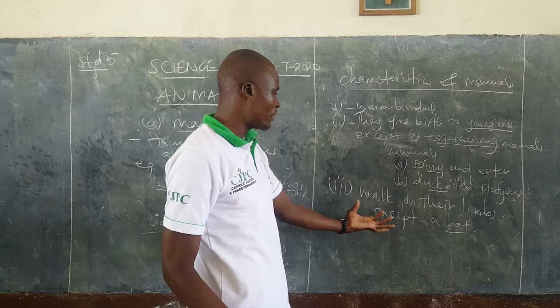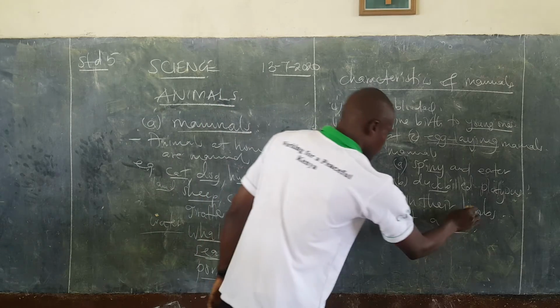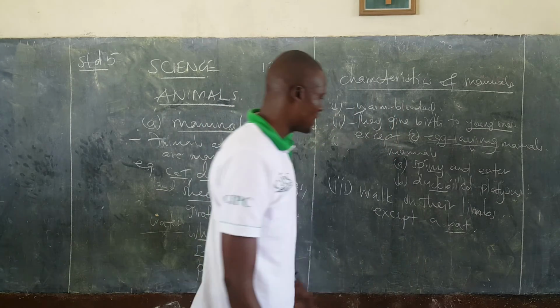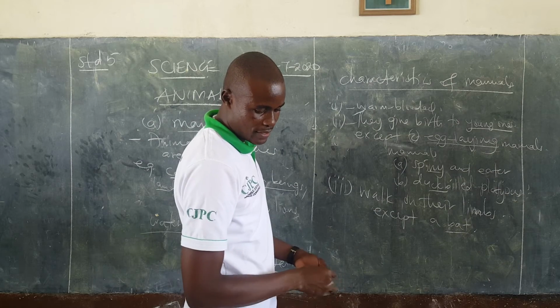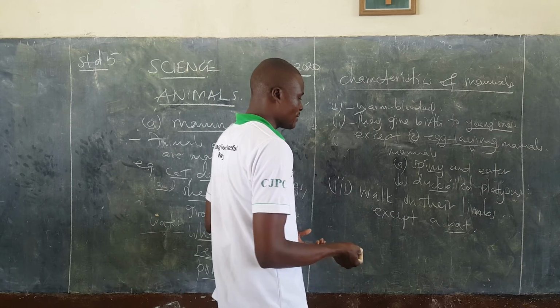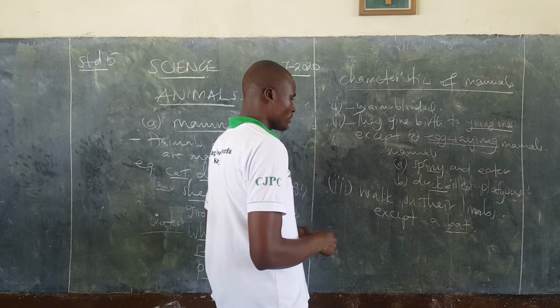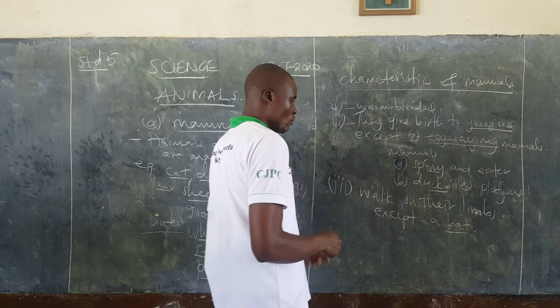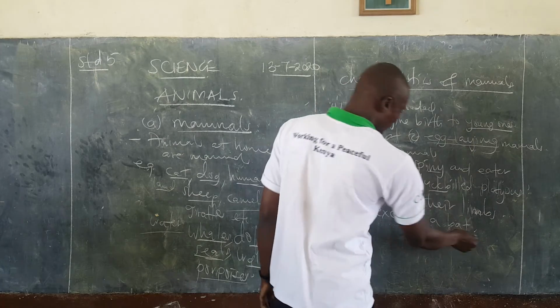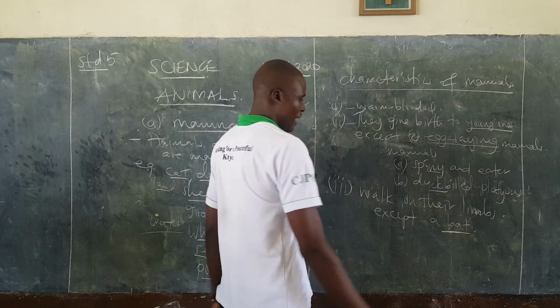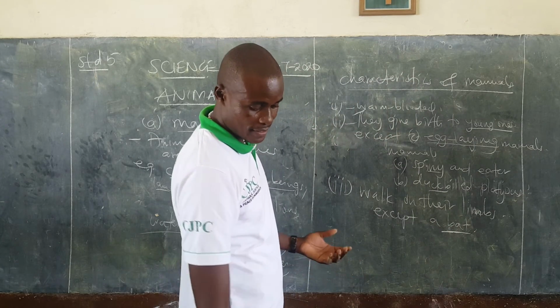They all walk on their limbs except for a bat that flies. So it's called a flying mammal. You may be asked: the following are mammals that walk on their limbs, except a bat. A bat will always be there. A bat flies like other birds.